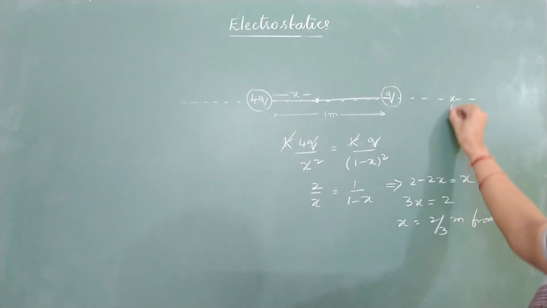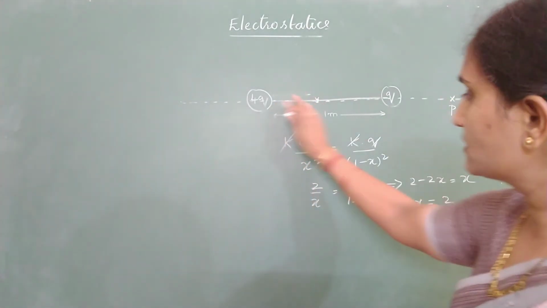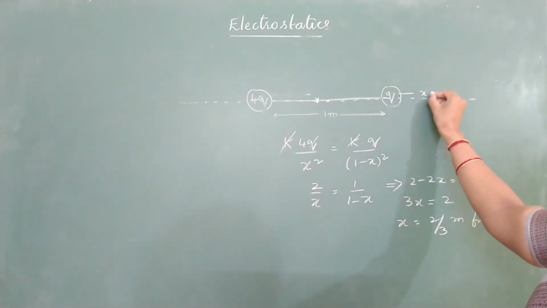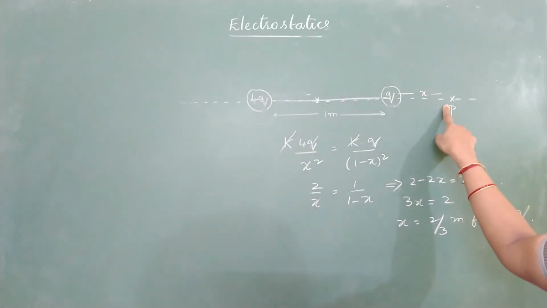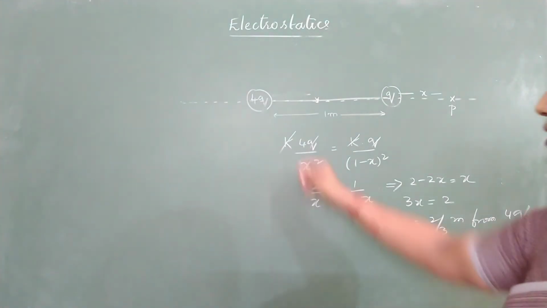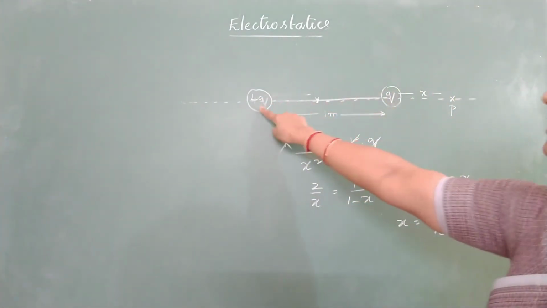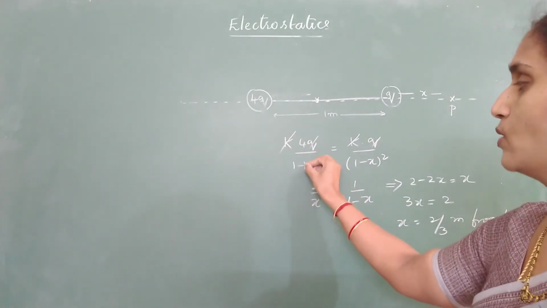This is the point where the net field may become 0. So instead of x, take this distance as x. Field due to 4q should be cancelled by field due to minus q. 4q is at a distance 1 plus x, so this will become 1 plus x whole square.